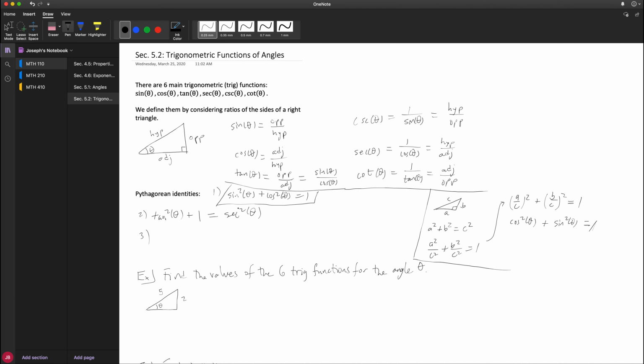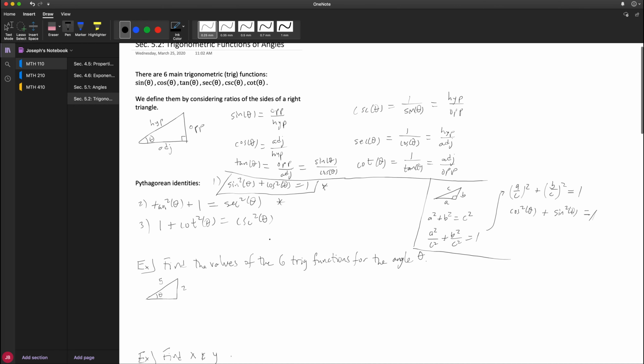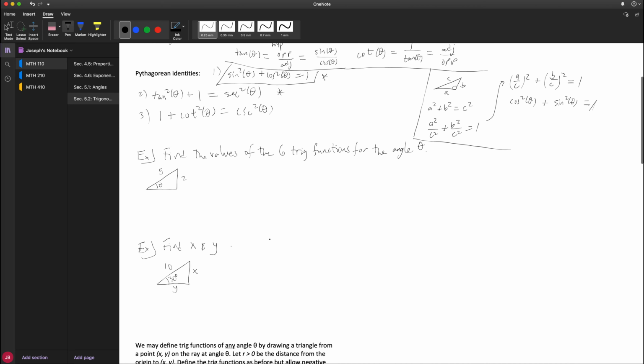And now similarly, if you take this and divide everything by sine squared theta, you'll get 1 plus cotangent squared theta equals cosecant squared theta. Okay, but I would say that the first 2 are probably the main ones. This one is also important, but maybe to a lesser extent. Okay, so that's how we define and derive the Pythagorean identities.